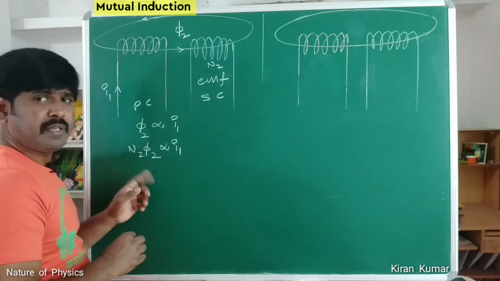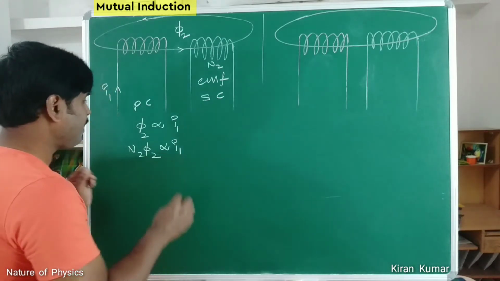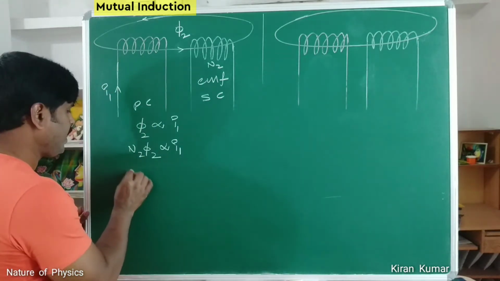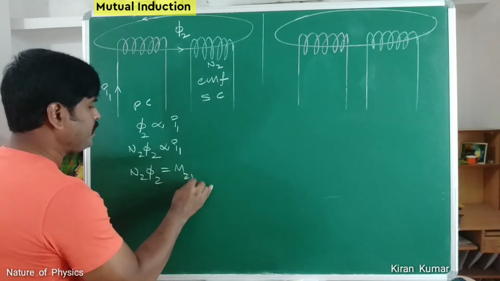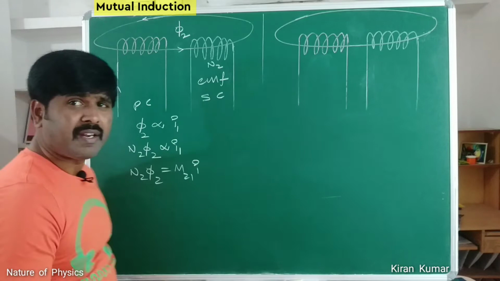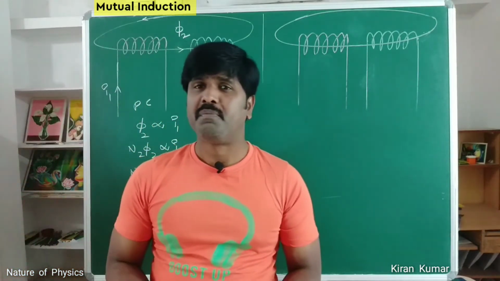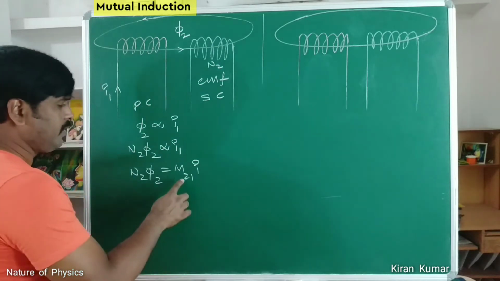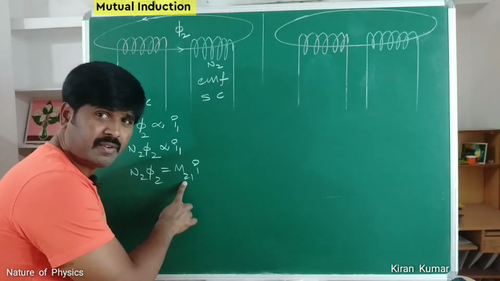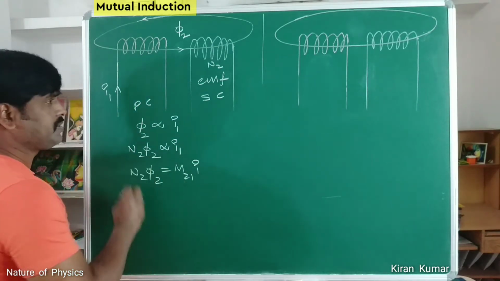Here N2 is the number of turns in the secondary circuit, and N2 phi2 is equal to M21 I1. M21 is the coefficient of mutual induction of the second coil with respect to the first coil.